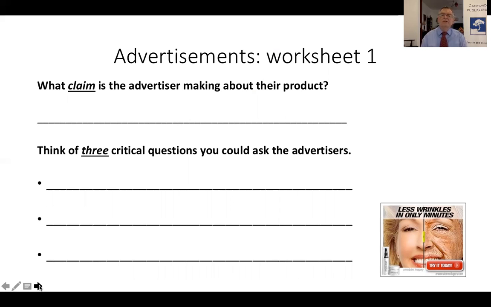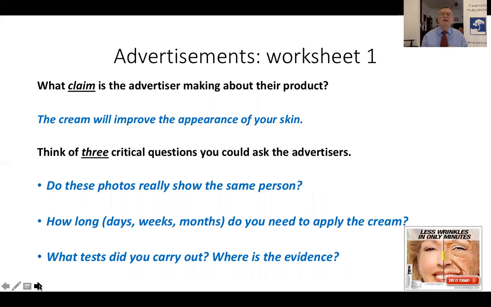And then think of 3 critical questions you could ask the advertiser if you came face to face with the people producing the advertisement. So what would we say with this particular advertisement about the face cream? The claim is it will improve the appearance of your skin dramatically, if the picture is anything to go by.